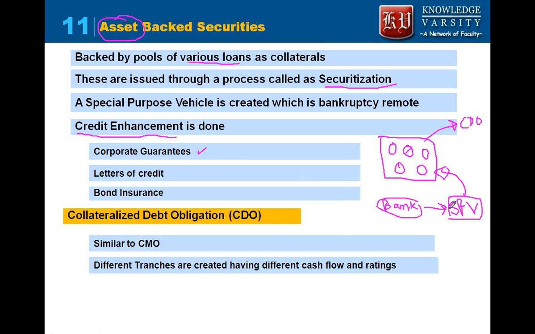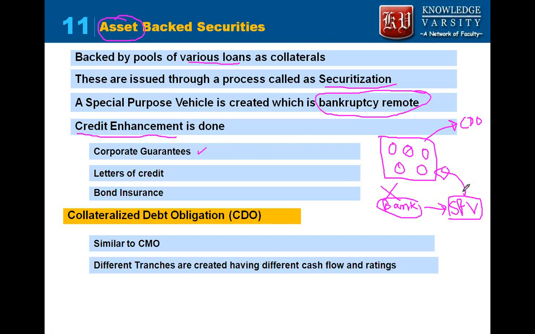Now the purpose of creating this SPV is that if this SPV goes bankrupt, it will not impact the bank. So this SPV is what is called a bankruptcy remote entity. So the bankruptcy of the bank will not impact the SPV.